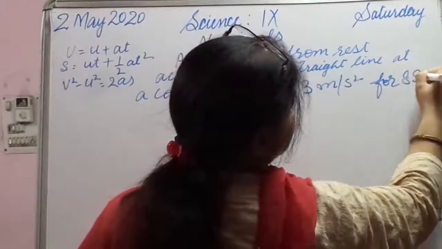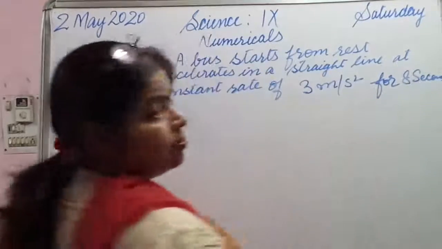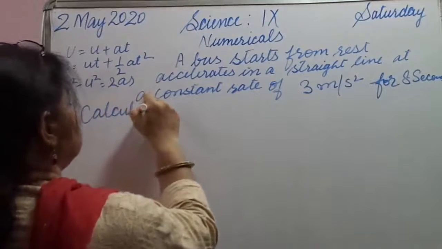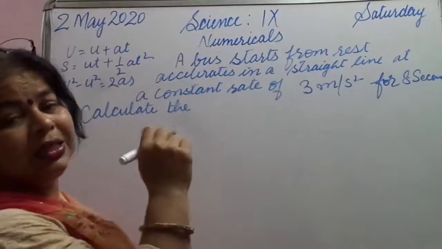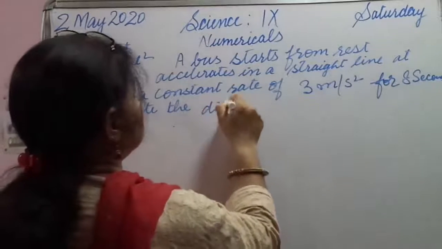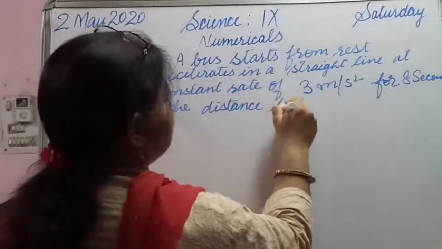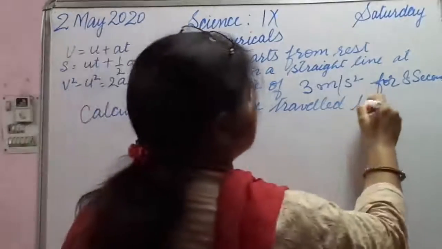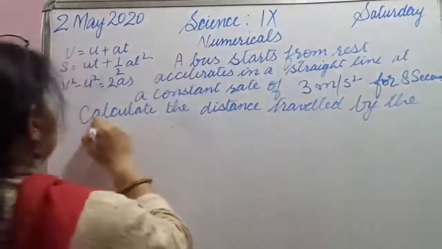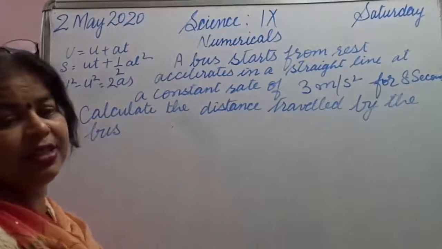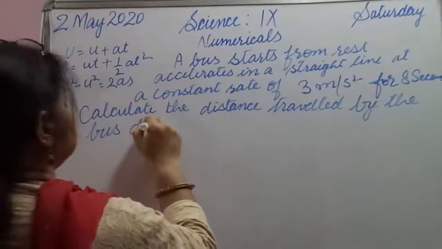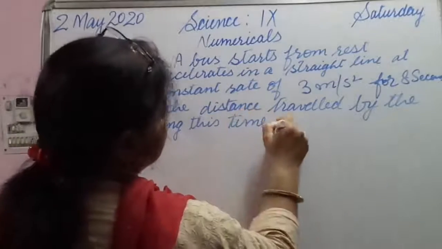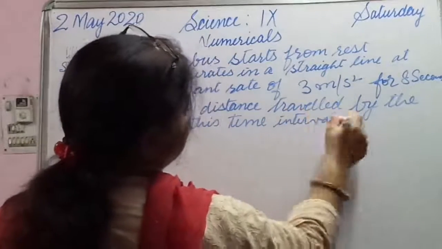So this becomes time, T. Calculate the distance traveled by the bus during this time interval. So this is your first numerical.